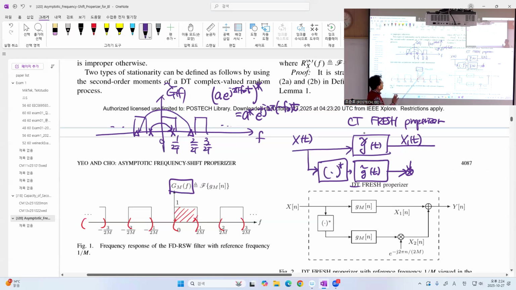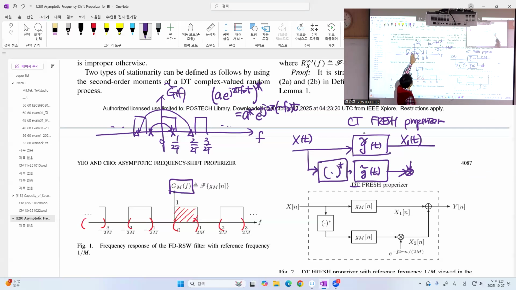Actually, unlike what I just told you, that was just flipping that way. That is one method of properizing. But the simplest one is just you put conjugation and put G tilde.